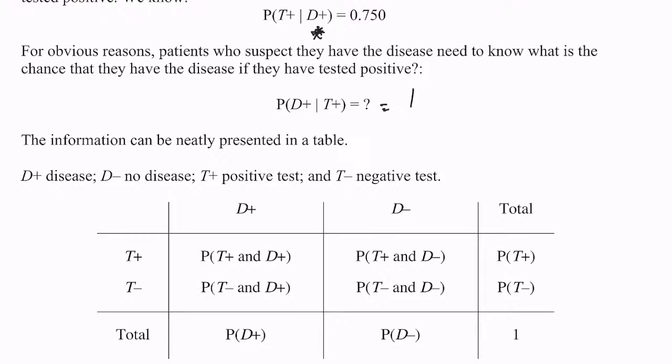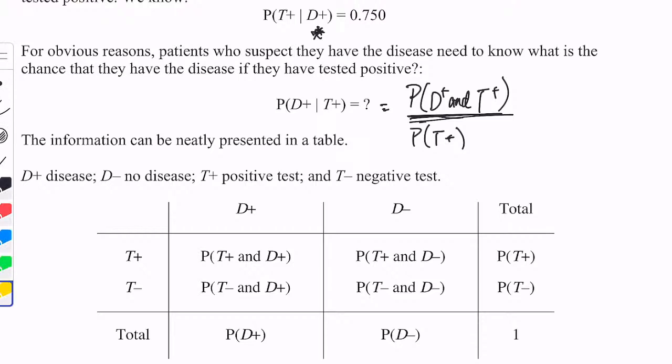So I'm going to say that's going to be on the bottom, and the probability that they have the disease and test positive. So that's the same as that. Right? It's conditional. It's like out of the subset, in other words. So that's why this divides it here.